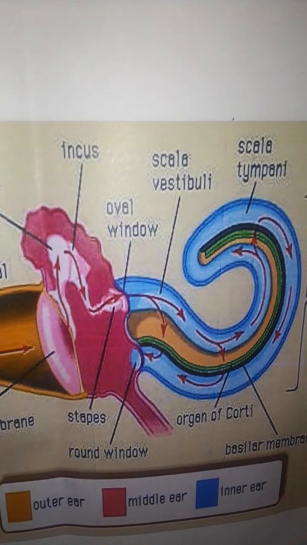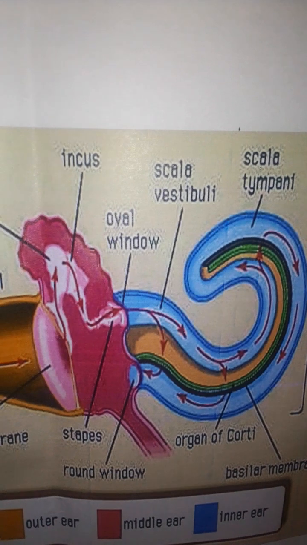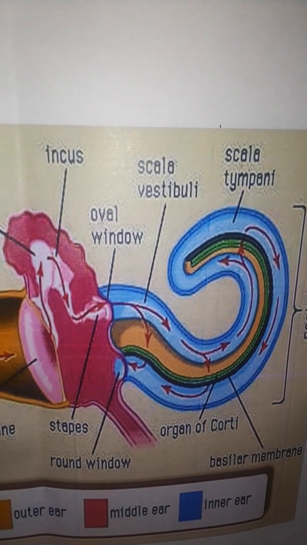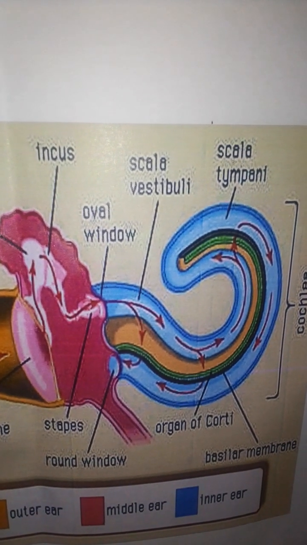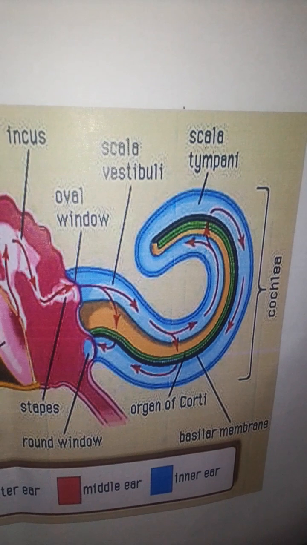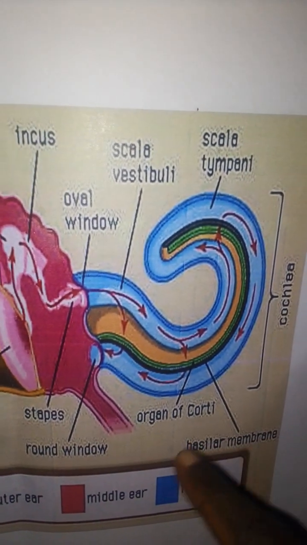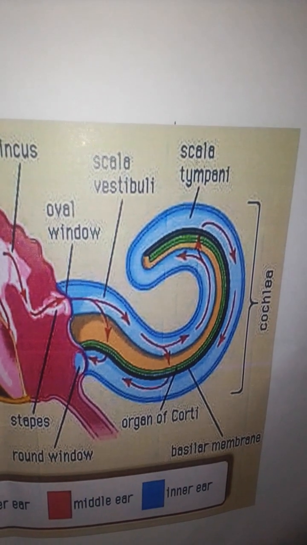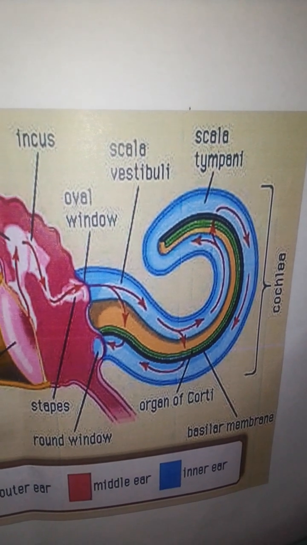The vibration will push the oval window to start pushing the perilymph in the inner ear, the cochlea. So this is the cochlea. There's also the organ of Corti, which is the true organ of hearing.